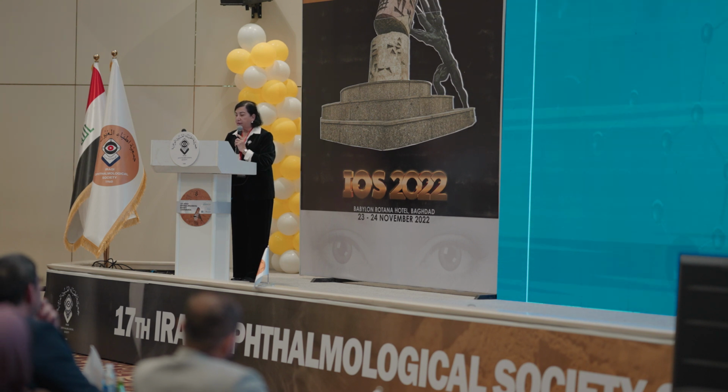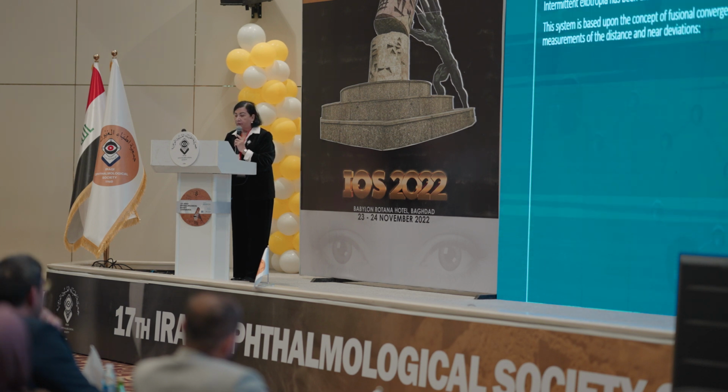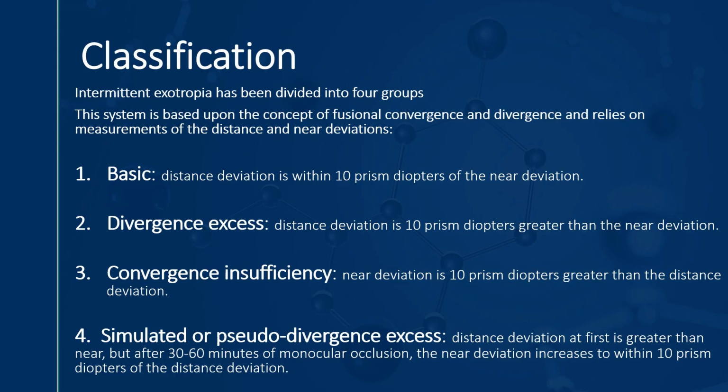How do we classify the disease? The disease is classified into 4 groups. This system is based upon the concept of fusional convergence and divergence and relies on the measurement of the distance and near deviation. First, we have basic type: the distance deviation is within 10 prism diopters of the near deviation. Second, divergence excess: distance deviation is 10 prism diopters greater than the near deviation.